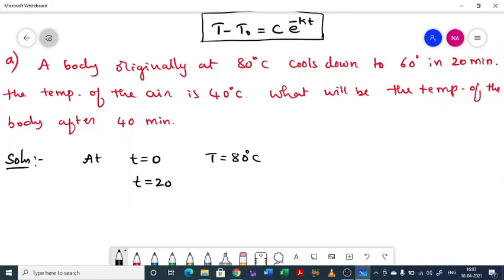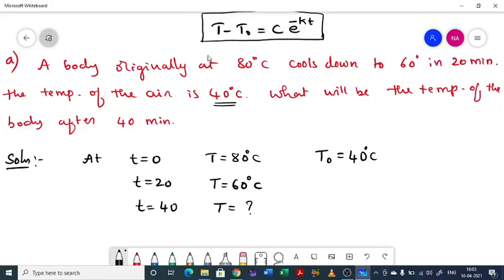That means at the 0th minute the temperature of the body is 80 degrees Celsius, and at the 20th minute it is 60 degrees Celsius. So at t equal to 20, capital T will be 60. At t equal to 40, what is the temperature? This we need to determine. And it is given that the temperature of the medium is 40 degrees Celsius, that is T naught is 40 degrees Celsius.